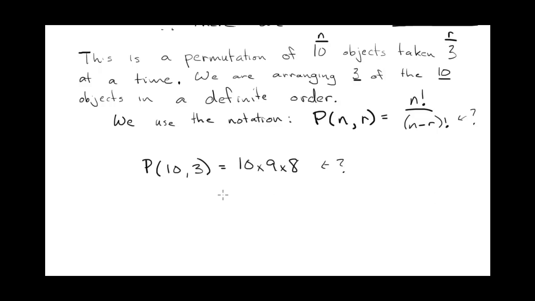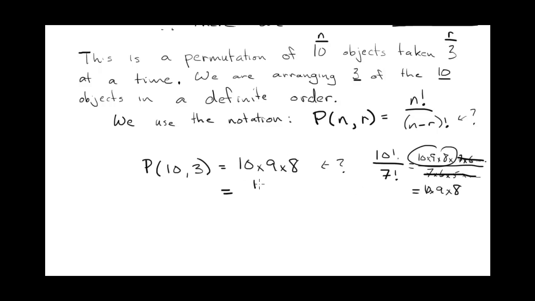Remember when we did factorial notation, we said if you do 10 factorial over 7 factorial, that's equal to 10 times 9 times 8 times 7 times 6 all the way down, over 7 times 6 times 5 all the way down, and all that cancels with all that, and you're just left with 10 times 9 times 8, which is what we wanted over here.